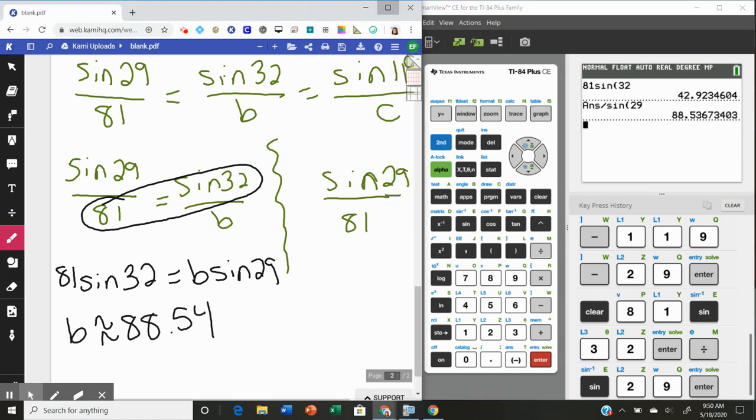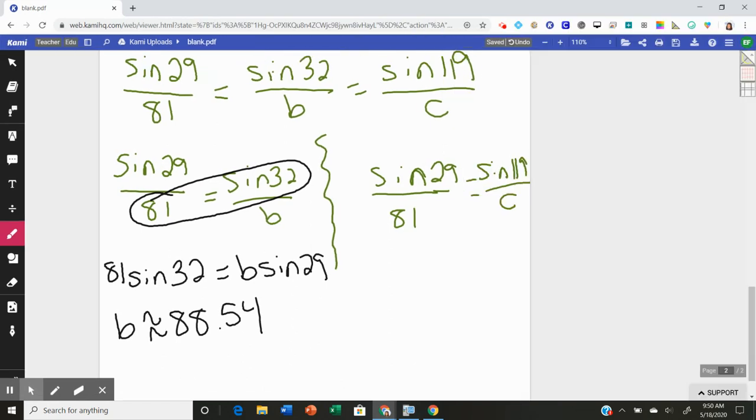All right, so let's take a look then at our other one. Same concept. I'm going to cross multiply. So 81 times the sine of 119 degrees is equal to C times the sine of 29 degrees.